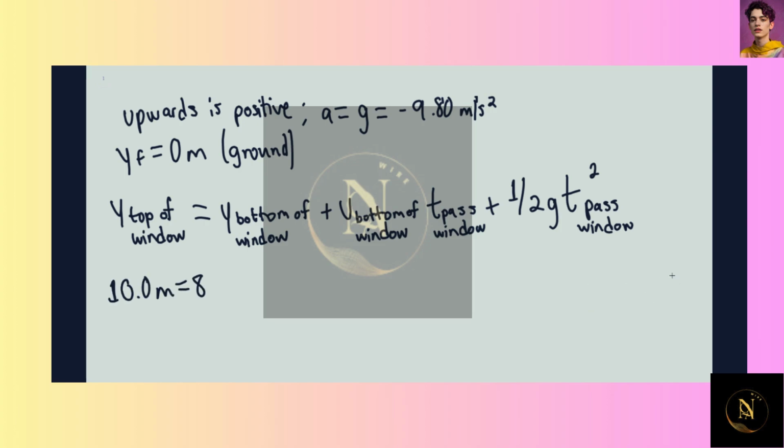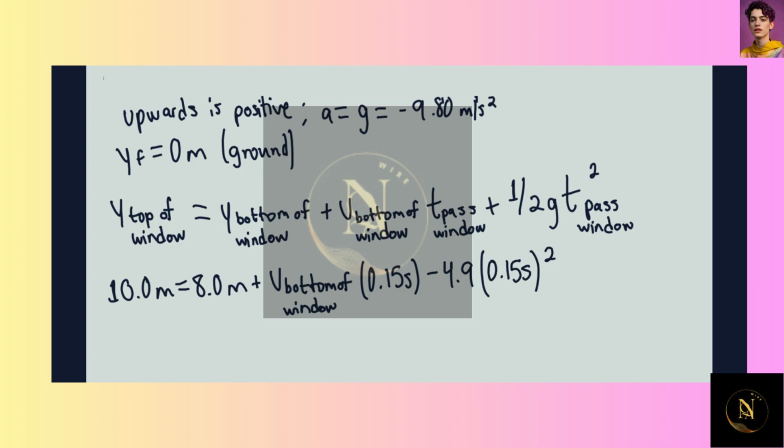equals 8.0 meters plus the velocity at the bottom of the window times 0.15 seconds, minus 4.9 times 0.15 seconds quantity squared.